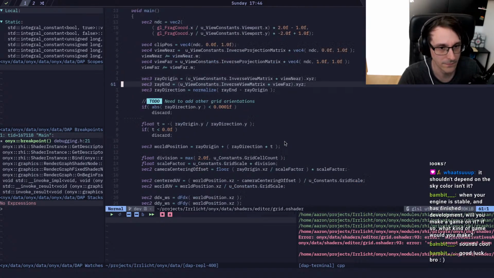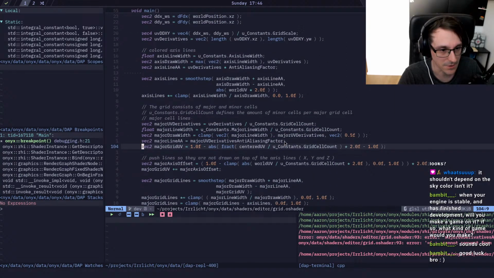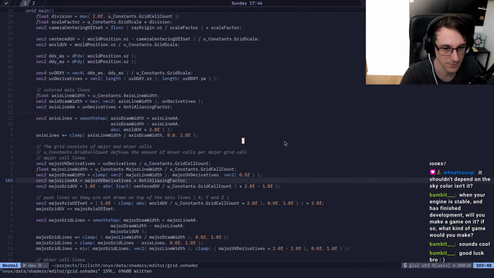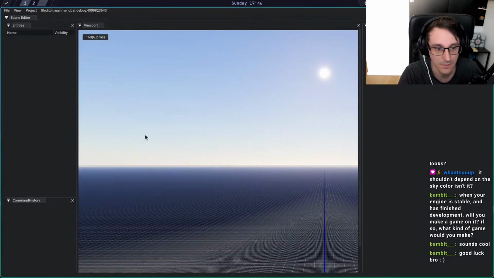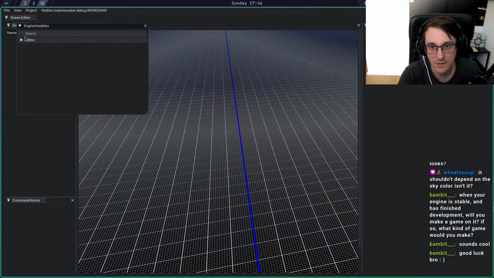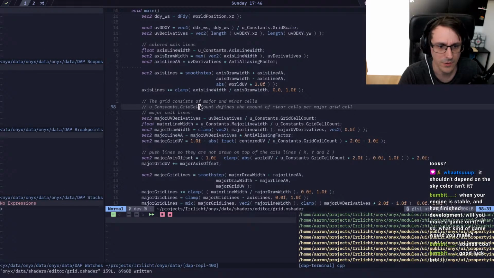Oh. I saw it, and then I lost it. Not sure how I did that again. Somehow, I always manage to delete random stuff. Ah, I think I know why. Okay. And now we should be able to have here, yes, editor, grid. And it's unfortunate. Why would that not work?